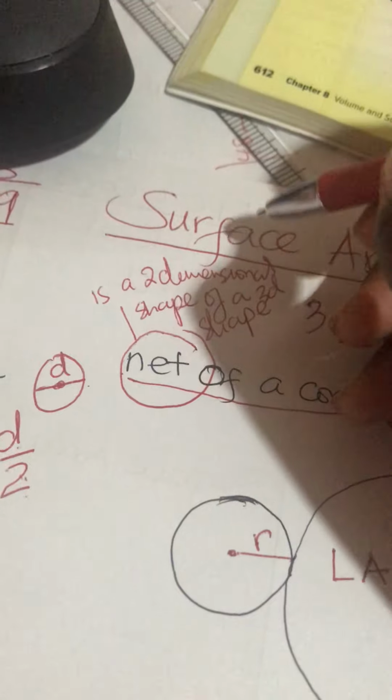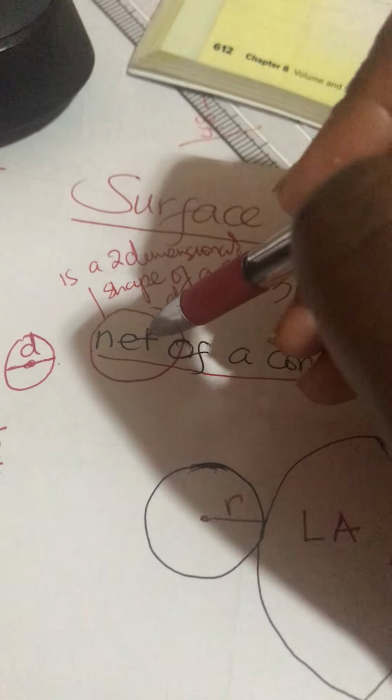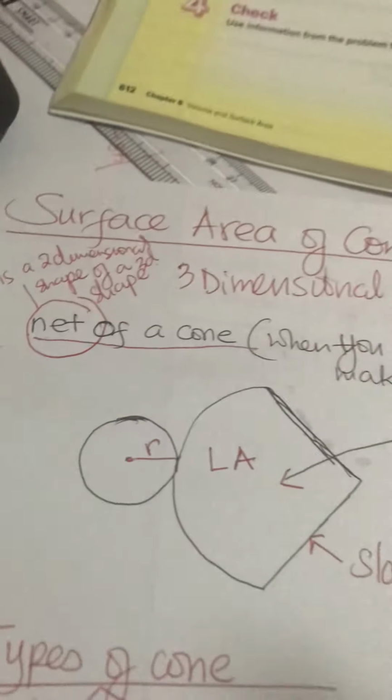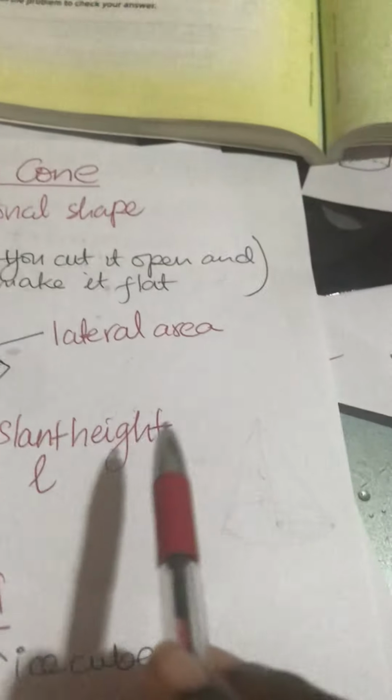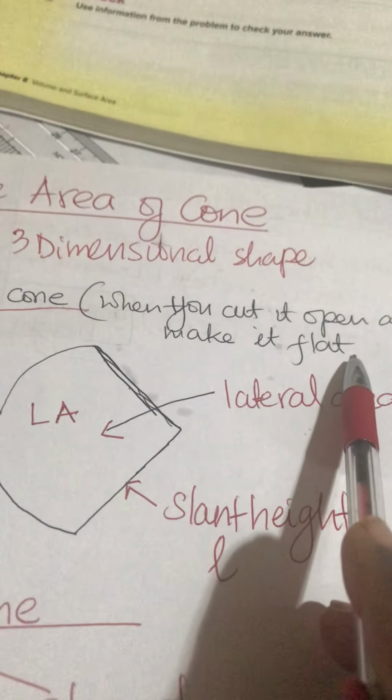You need a 3D shape to make a net. Once you make the net, it becomes 2-dimensional because you are cutting it open and making it flat.